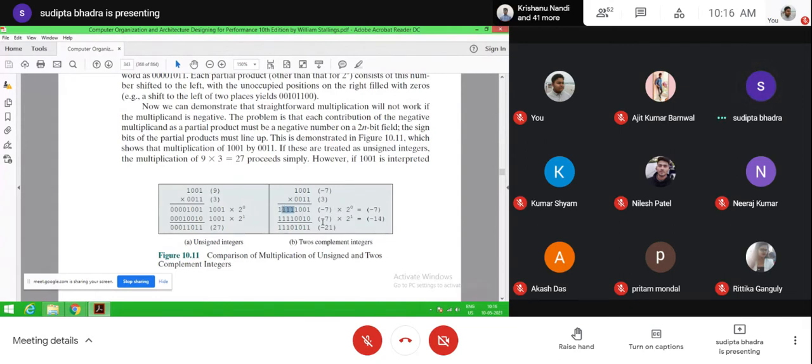Here for 2 to the power 1, minus 7, the multiplicand is shifted by 1.